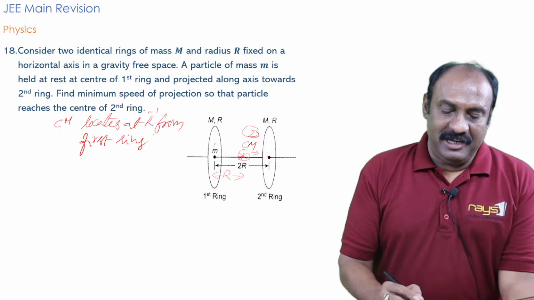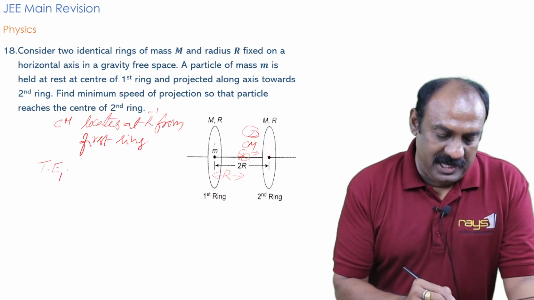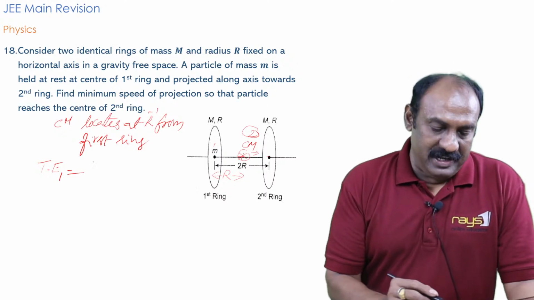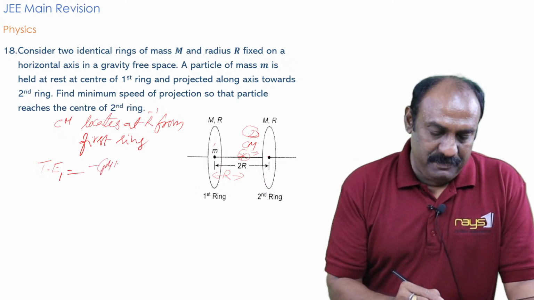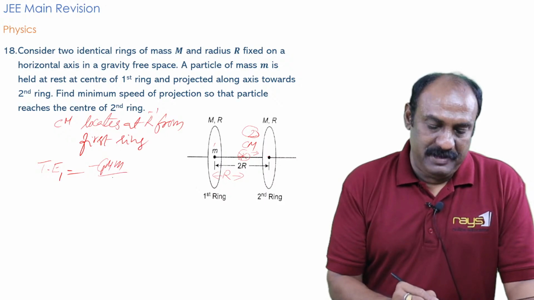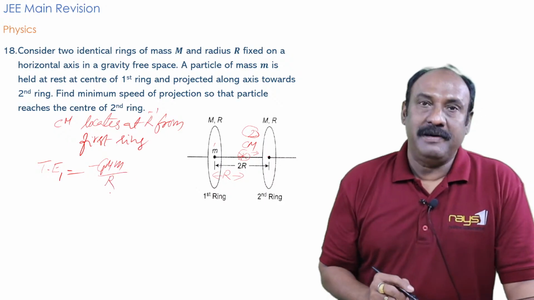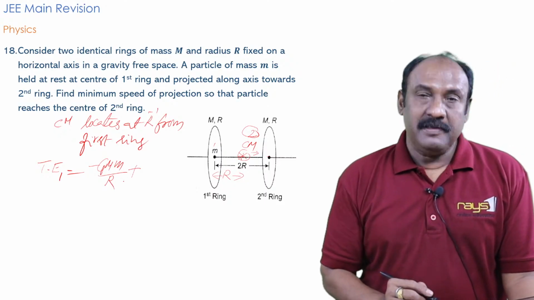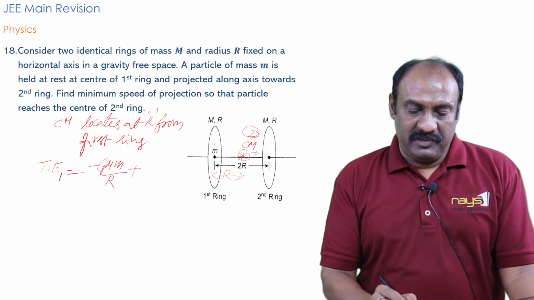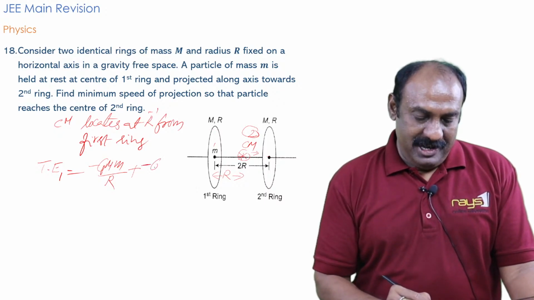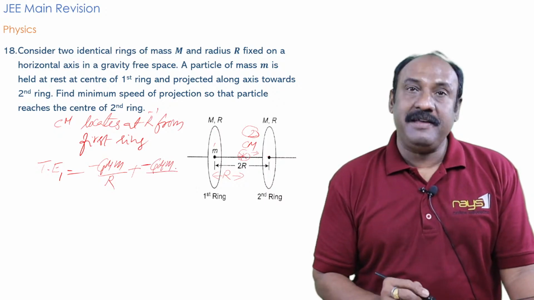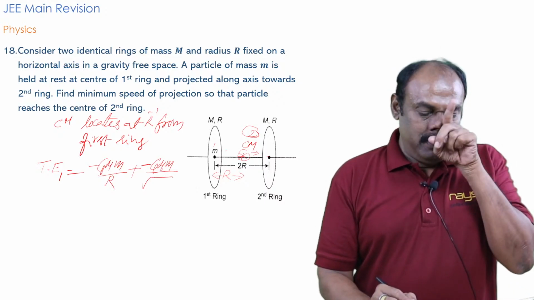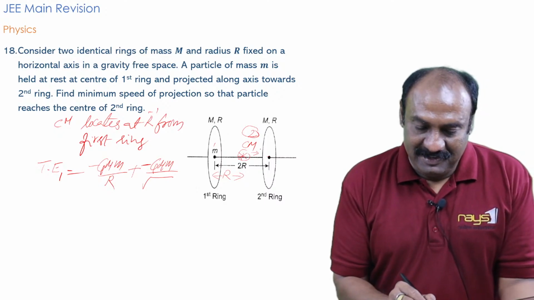So total energy at the point of projection equals gravitational potential energy due to the self ring, that is minus G m m by capital R, plus gravitational potential energy due to the second ring at this point, minus G m m by square root of this distance here.